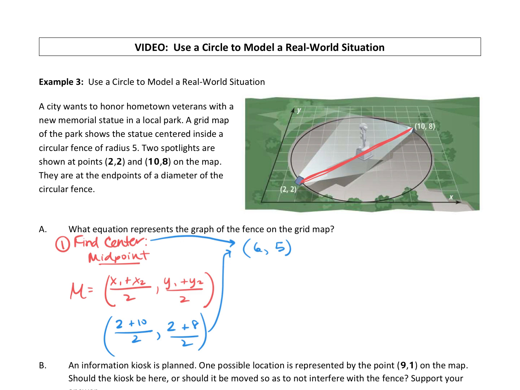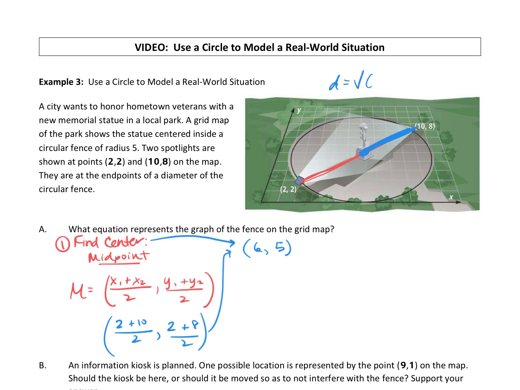The other thing we need is the radius. Now, we could find the radius mathematically. Now that we know the center, we could use the distance formula. Maybe I'll just throw the distance formula up here in case we need it in our homework.